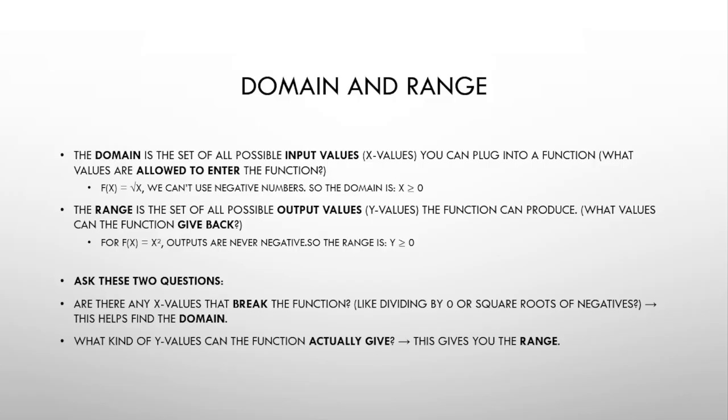For example, if f of x equals x squared, you can never get a negative output, because multiplying two negative numbers gives you a positive number. Minus 1 multiplied by minus 1 gives you 1. So the range is all the y's greater than or equal to 0. Or with a linear function, normally the range is all the real numbers.